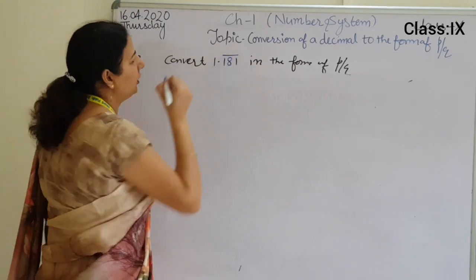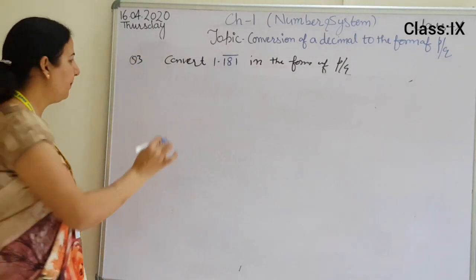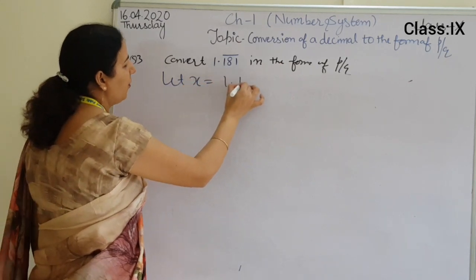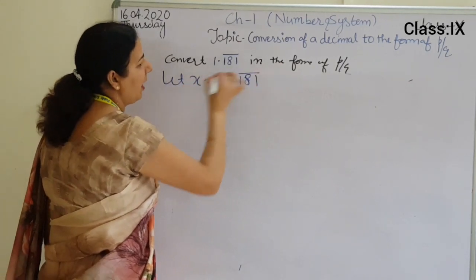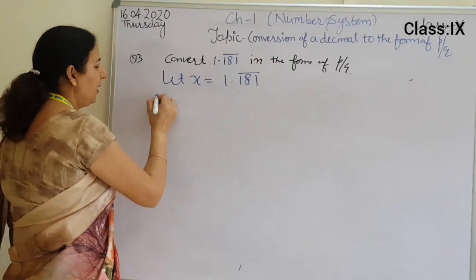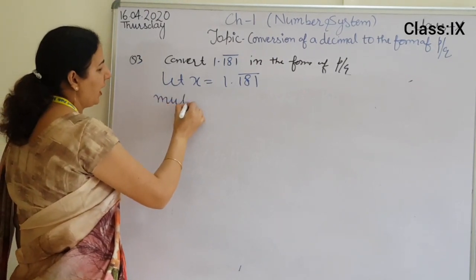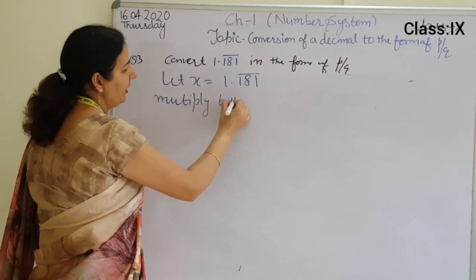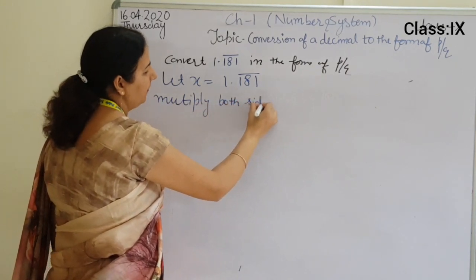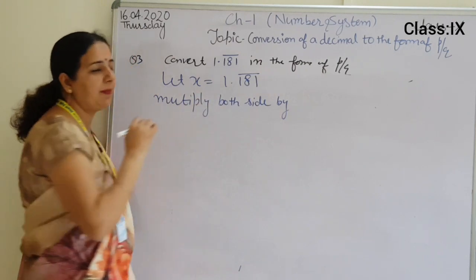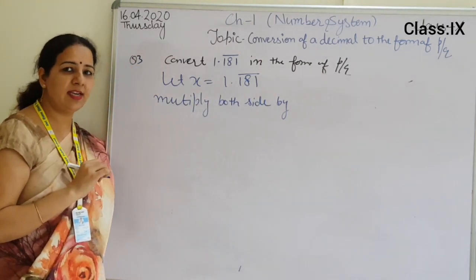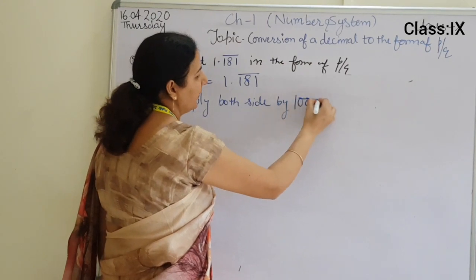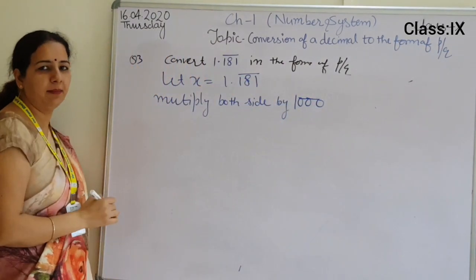Now bar is on 3 numbers. First step remains the same. Let x is equal to 1.181 bar. Then multiply both sides by 1000, because bar is on 3 numbers.